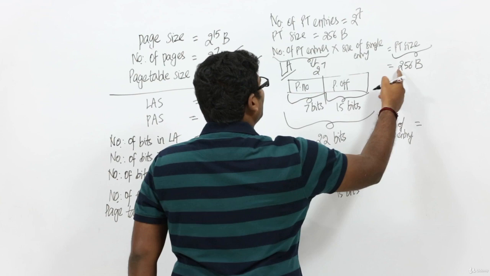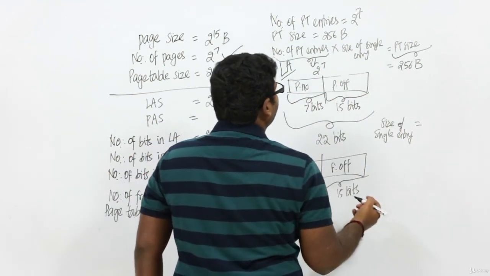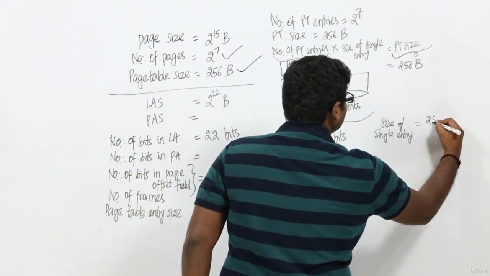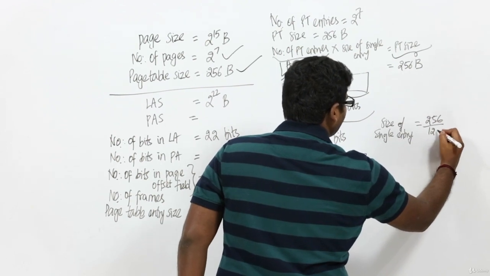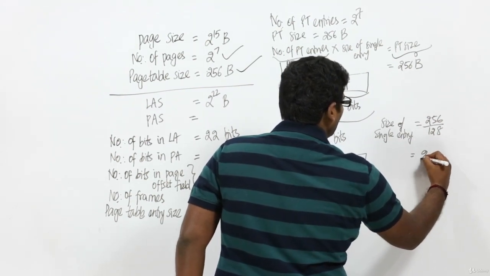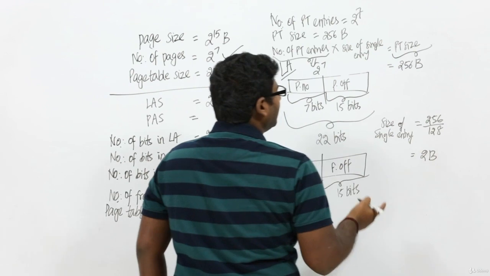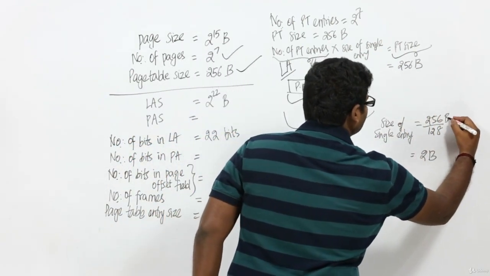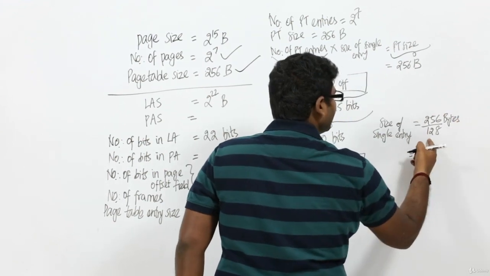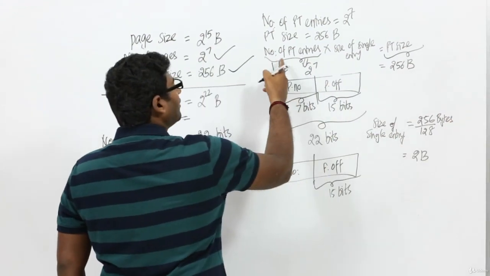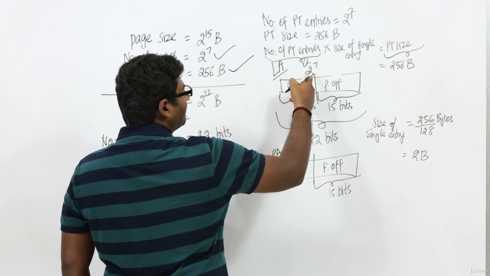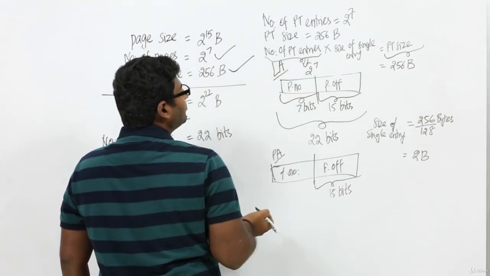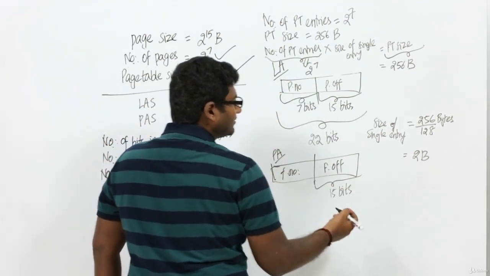The size of a single entry is nothing but 256 bytes divided by 128, which is nothing but 2 bytes. What is the unit of this 256? It is bytes. What is the unit of this one? It is 2 power 7 entries. The number of page table entries means the unit of this thing is entries.